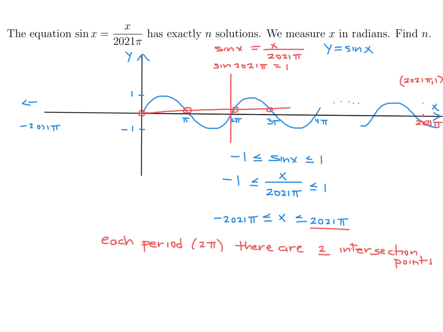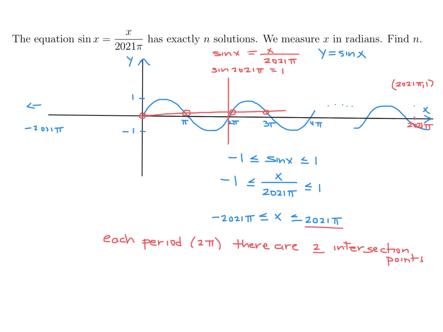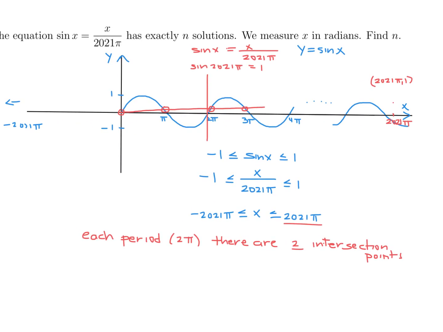So that means that if I extrapolate, I can figure this out. How many times are we going here? We're going to go until 2022 pi. So this final point down here, 2022 pi.